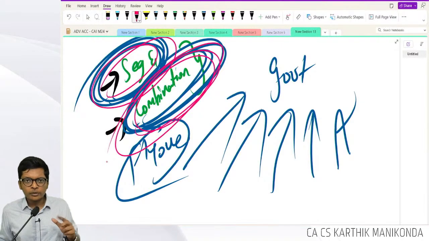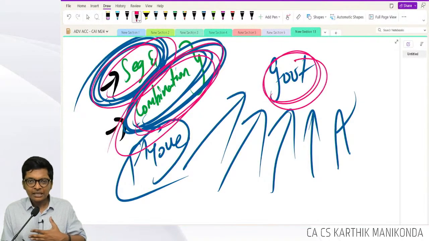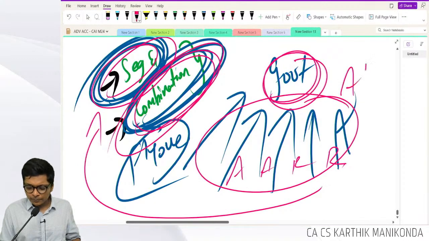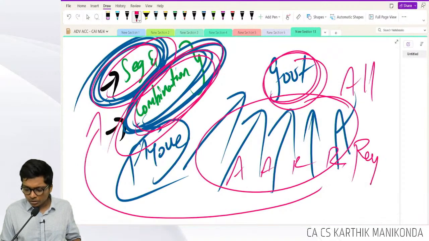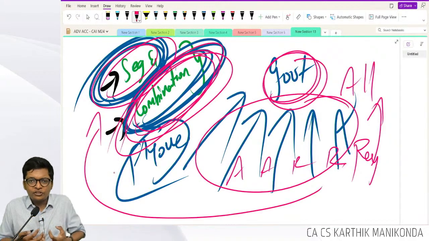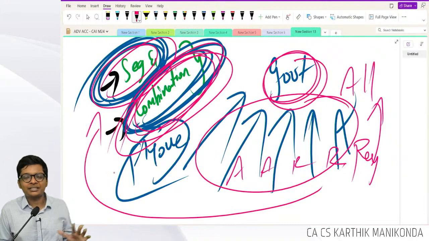And also one more important thing: if the government has the ability to accept a few and reject a few of the projects, it's segmentation. If government can only accept all or reject all, then it is combination, because they don't have the option or power to split the contracts itself.